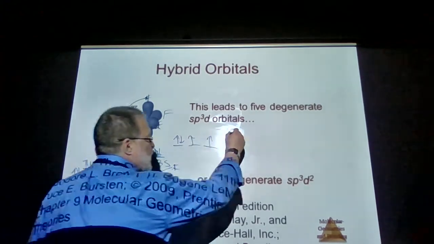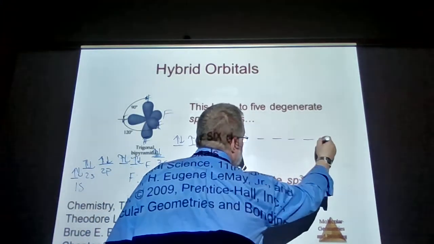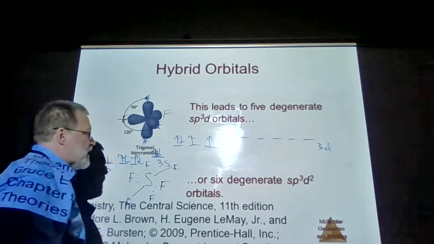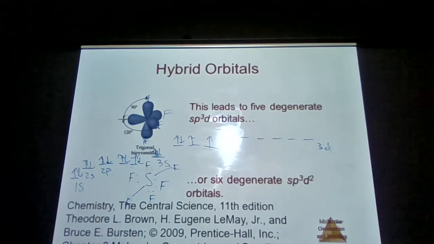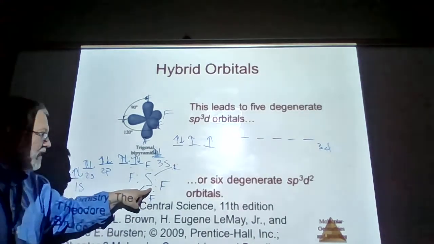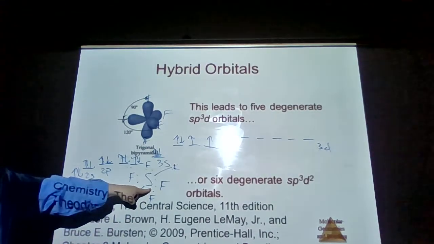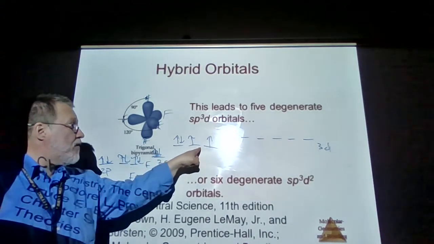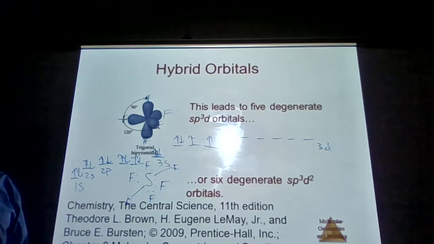Then the 3d orbitals are empty. There are 6 elements bonded to the center sulfur. Right now, we could only form bonds to 2 of those.